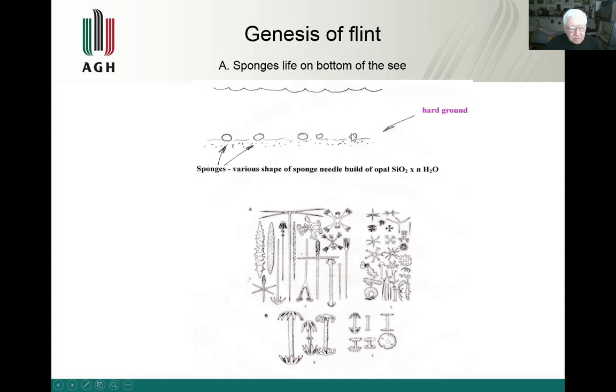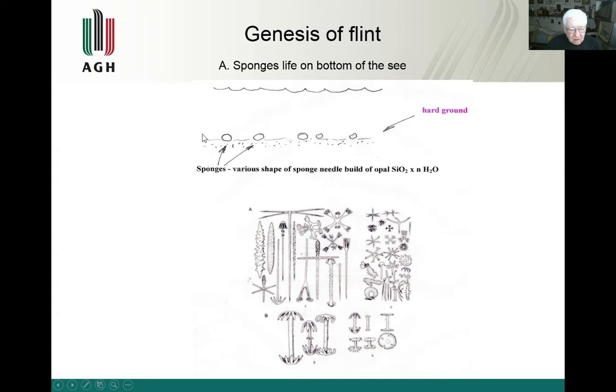And sponges live on the bottom of basins, seas, lakes, etc. Of course they obtain oxygen from water, but they have a very delicate breathing apparatus, and if traces of clay appear in the water or crystallization of calcite or other minerals starts, this breathing system is blocked and they die.